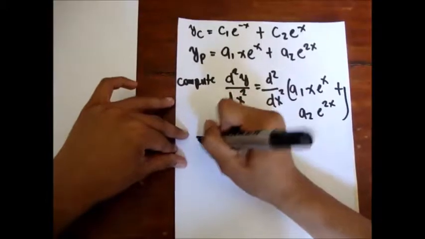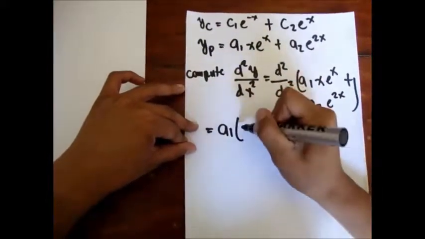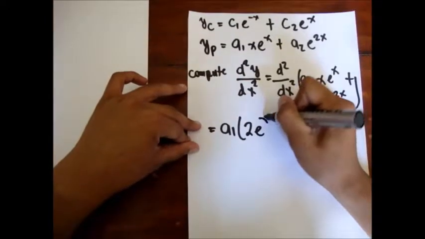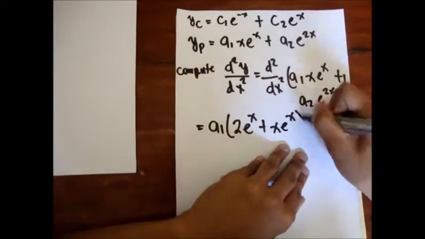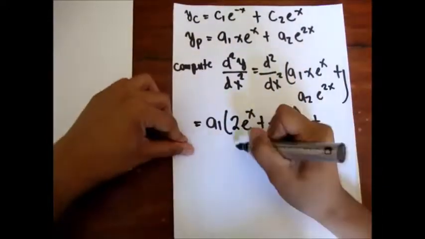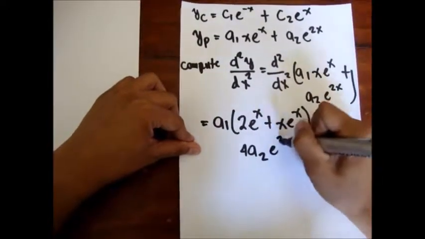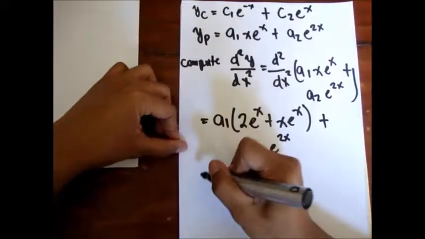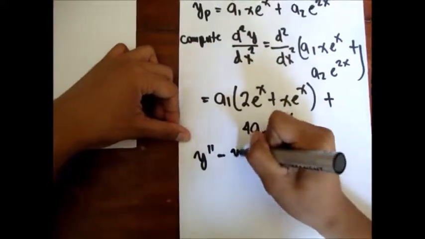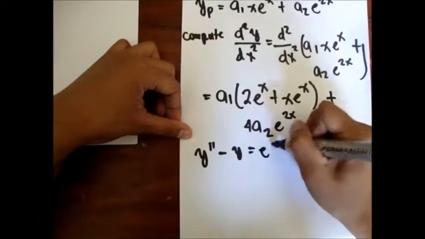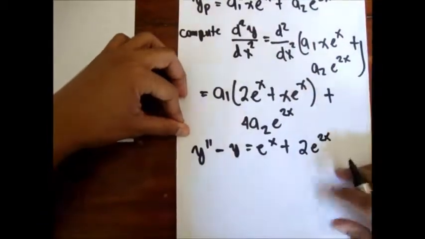So our y double prime here is a1 quantity 2e raised to x plus x e raised to x, plus 4a2 e raised to 2x. So we will substitute it to the differential equation y double prime minus y equals e raised to x plus 2e raised to 2x.